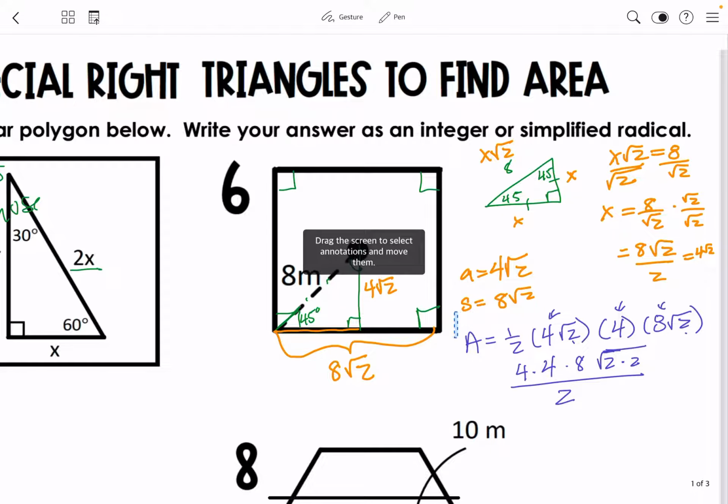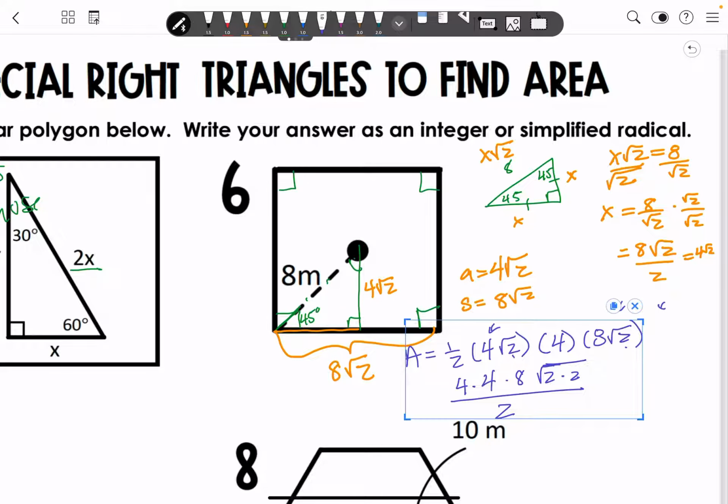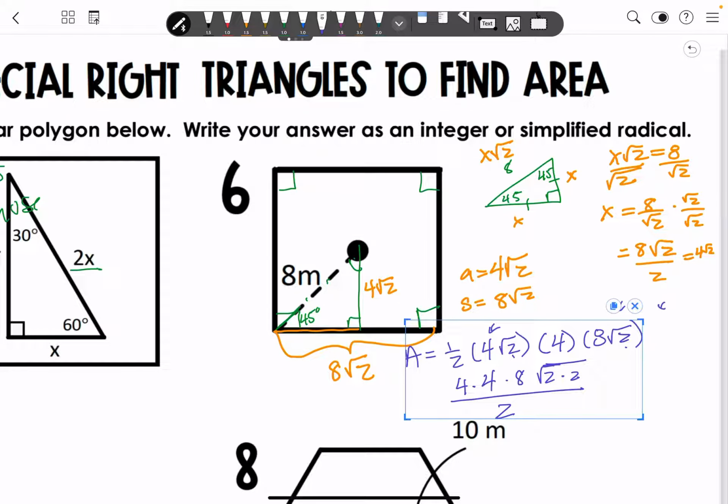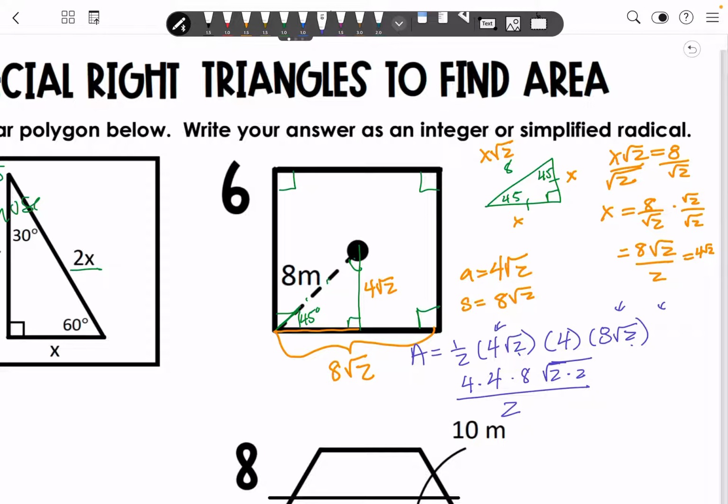And then I'm going to have to end up simplifying this. So 2 times 2 gets me 4. And that's 4 times 8. And the square root of 4 is, well, it's just 2, all over 2. These are going to cancel out.